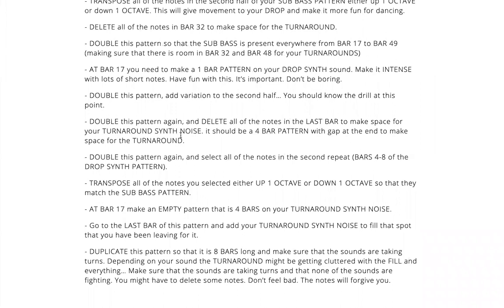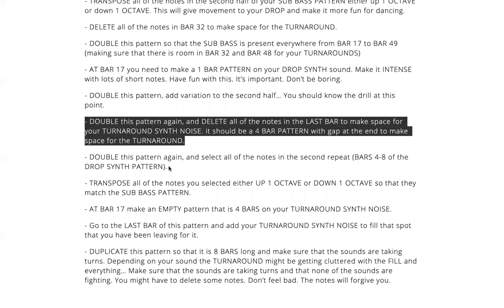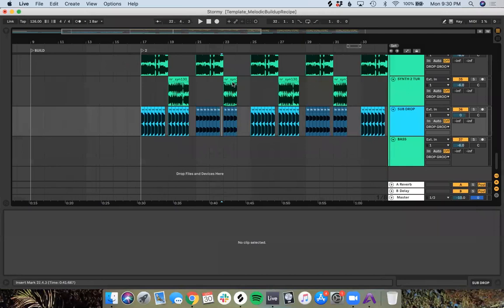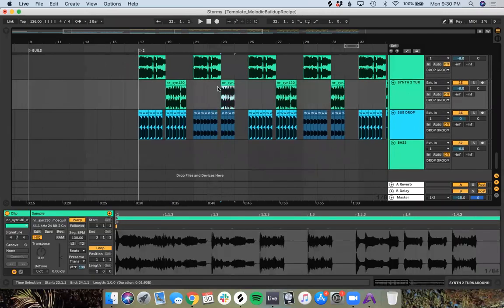And so we have the turnaround. Now we're going to select everything in the second repeat, the second part of that repeat, and transpose everything so they match the sub bass.